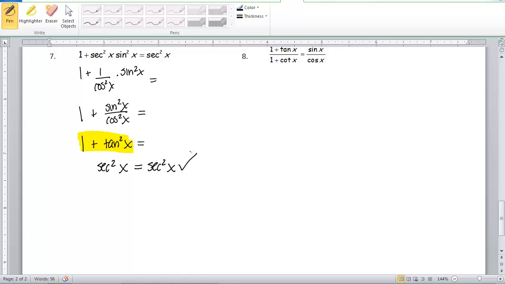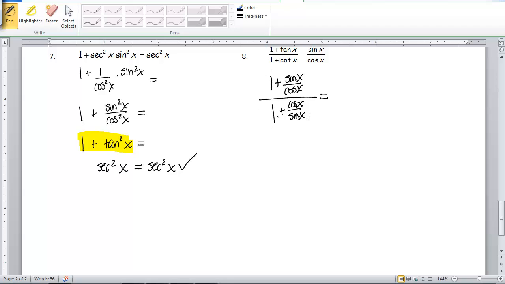Okay, since we're going to do things in terms of sine and cosine, I want to change the tangent to sine divided by cosine, and the cotangent to cosine divided by sine. The next thing that I'm noticing is that again I have fractions within a fraction. Before you can get rid of the fraction within a fraction, there needs to only be one fraction in the numerator and one fraction in the denominator.